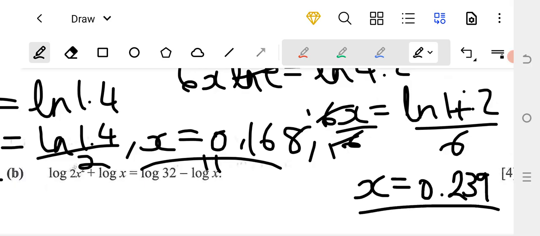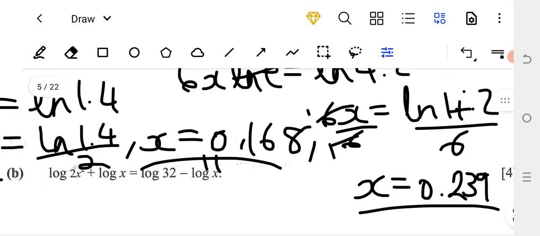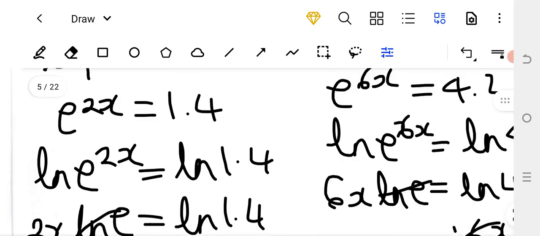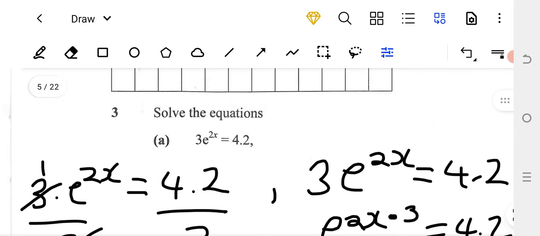So let's prove these answers because it has given us a deviation in the answers, a very large deviation. So our first answer is 0.168.